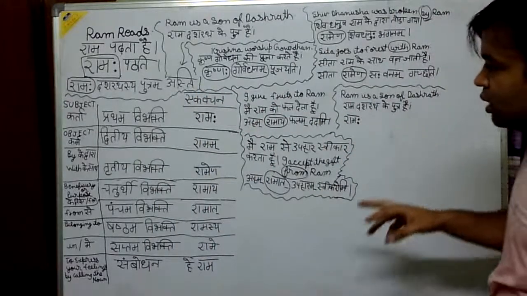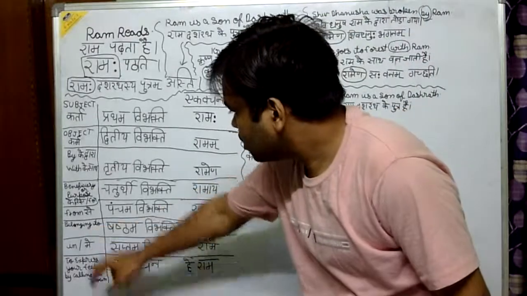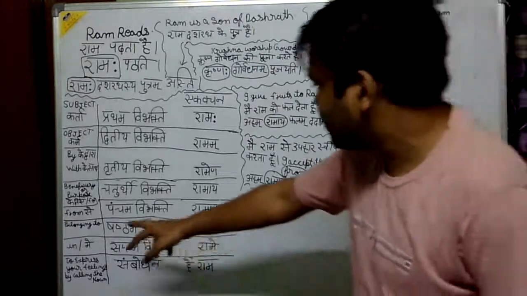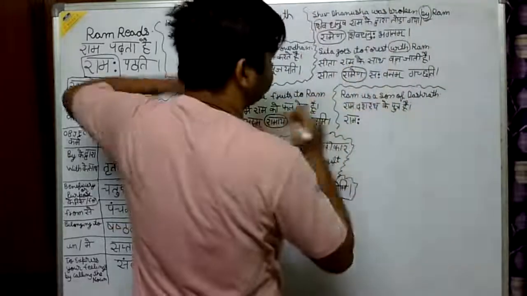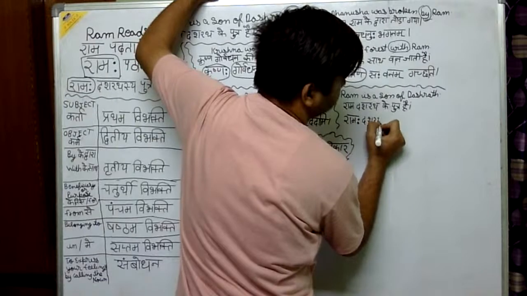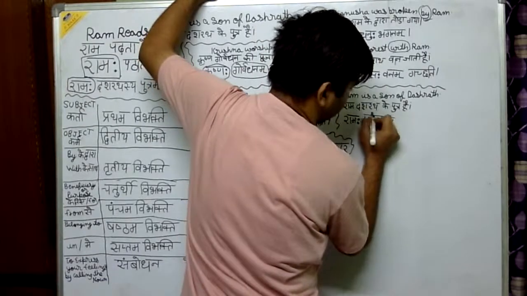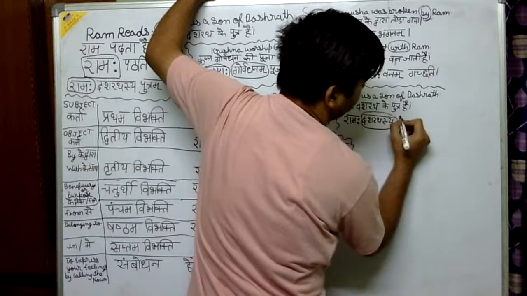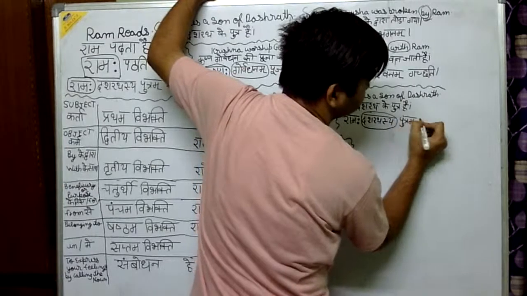So for denoting the relationship or belongingness of any person, we use Shashti Vibhakti. So Ramah Dasharathasya putram asti.